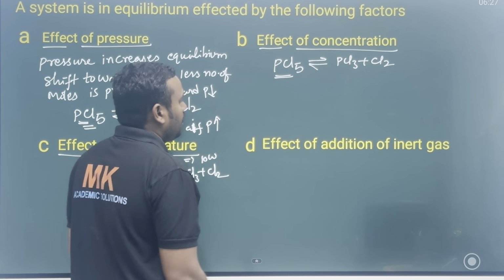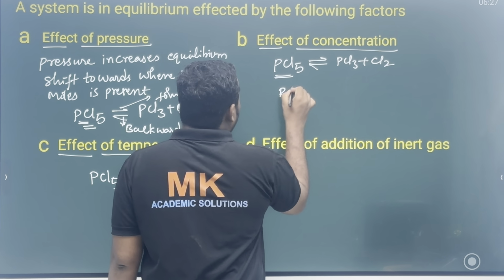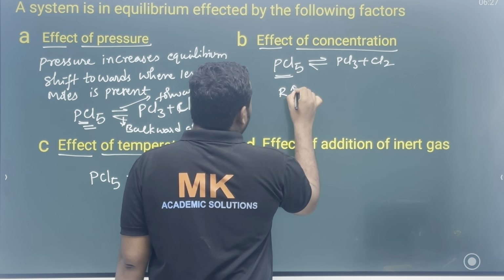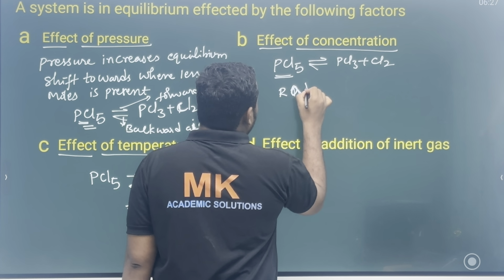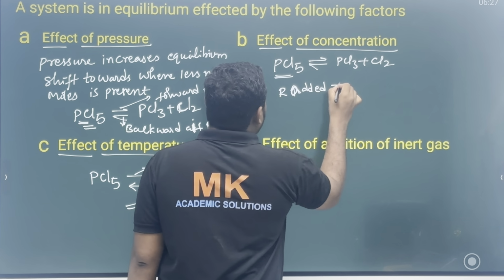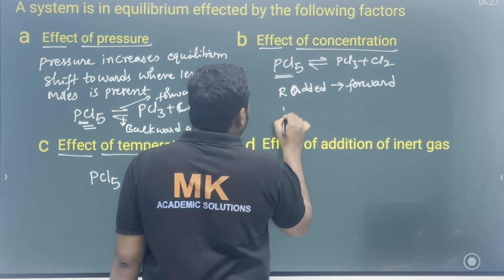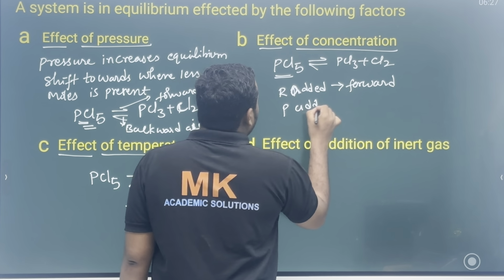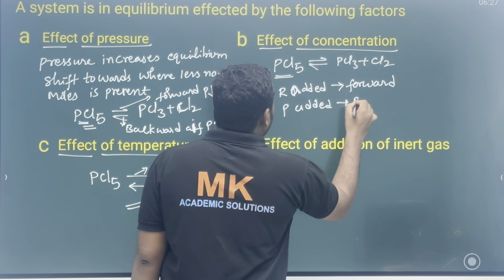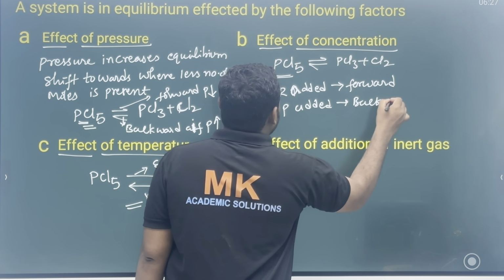So reactant added means forward, product added means backward. This is the generalization.